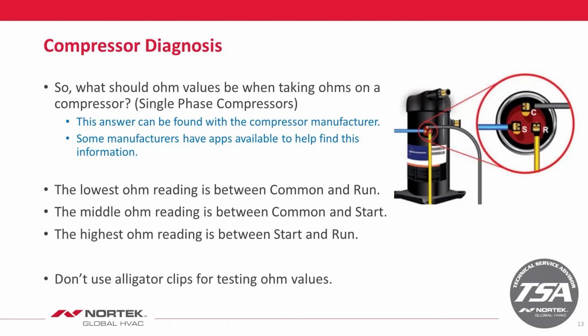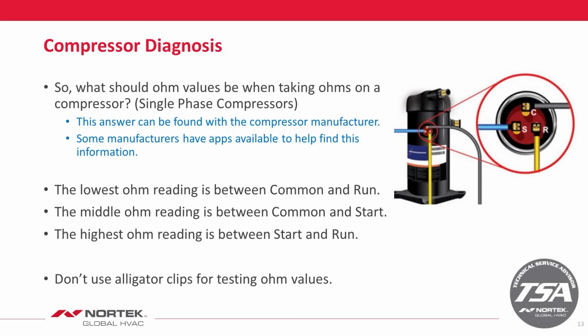One thing I also want to point out is that a lot of guys like to use alligator clips to test the ohm values on a compressor. We want you guys to stray away from that if you were to ask us in tech service, because what you really want is the needle points on your meter to make solid contact when you're checking ohm values on your compressor.